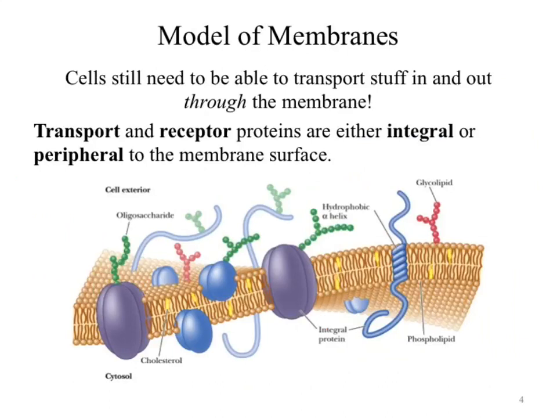Further, we could also look at receptor proteins. Perhaps we just want the cell to acknowledge that something else is present and change something within the cell. In that case, we're just going to have something on the surface. When it detects another molecule, it changes something within the cell that accounts for that receptor.